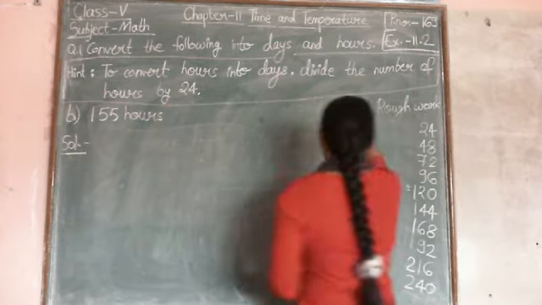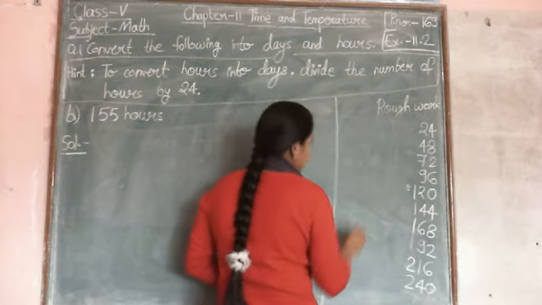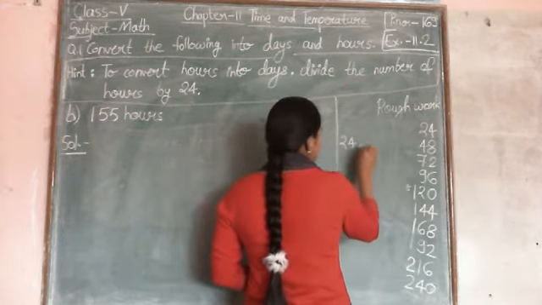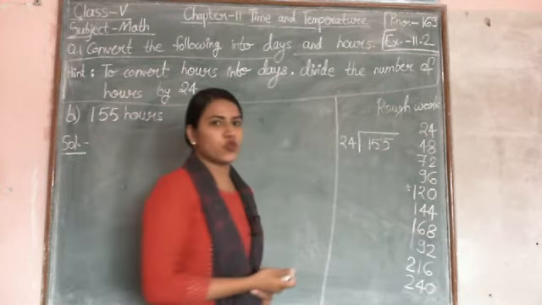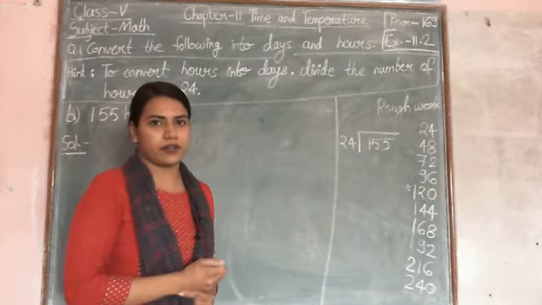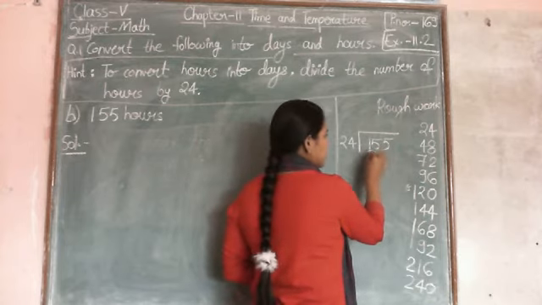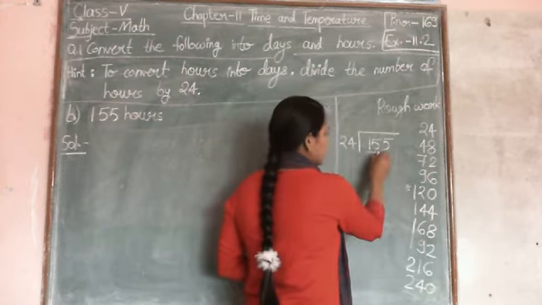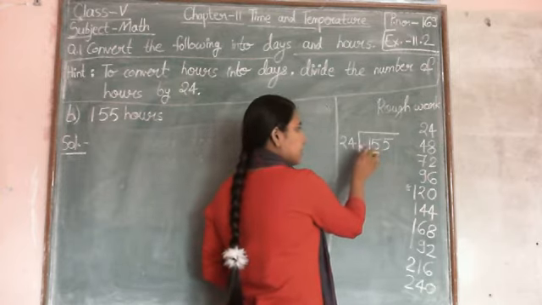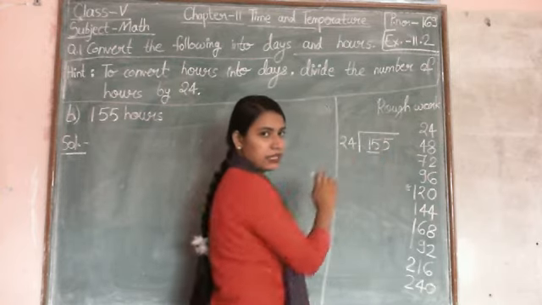So in rough work, we will divide 155 by 24. As our divisor is 2 digits, we would choose the first 2 digits of the dividend, but here the first 2 digits, 15, are smaller than the divisor.